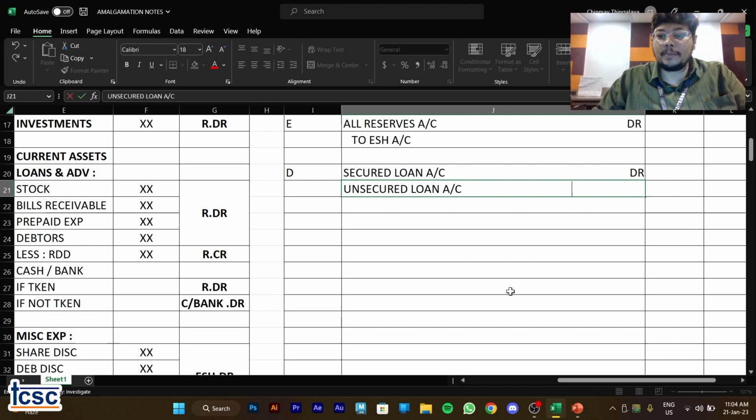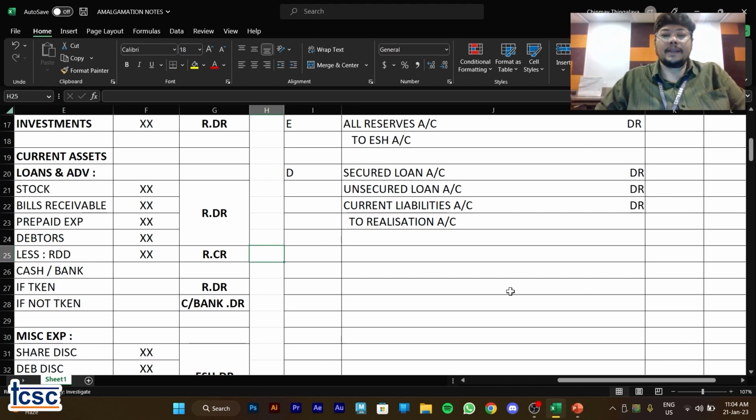Unsecured loan account debit, current liabilities account debit to realization account. So that is entry D.